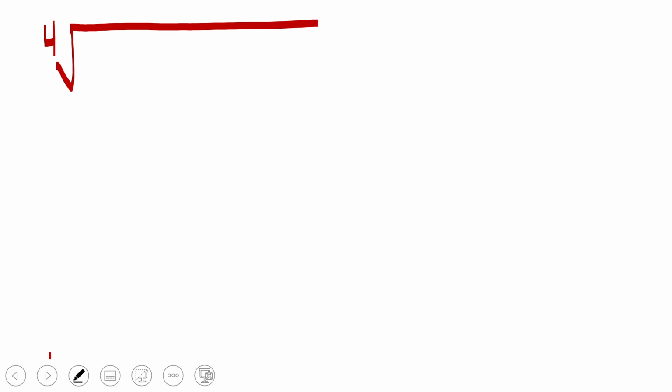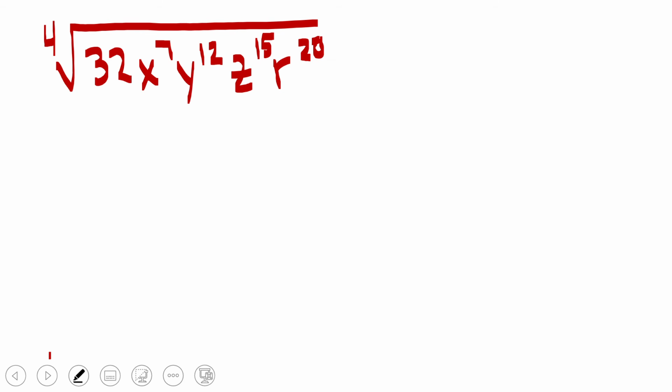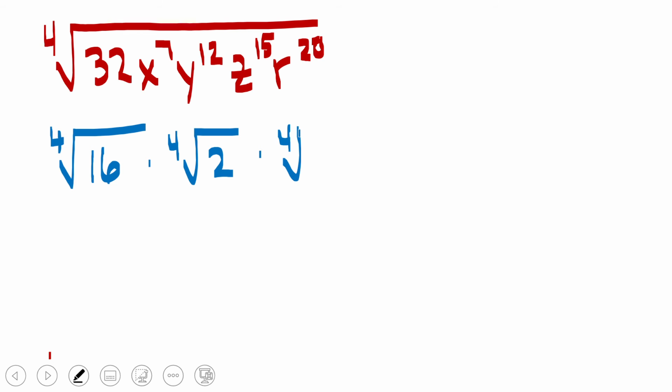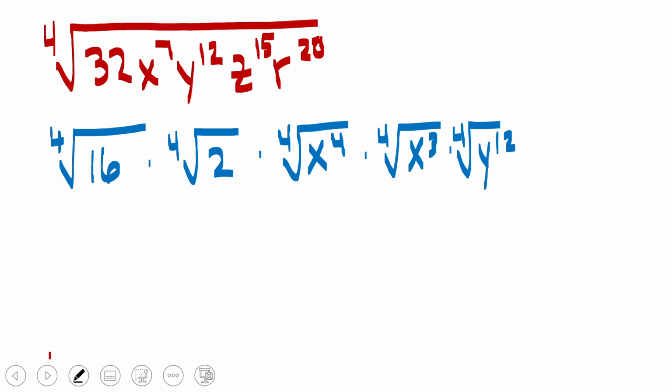In the 4th root of 32, x to the 7th, y to the 12th, z to the 15th, and r to the 20th, in much the same way, we can start to factor and say the fourth root of 16 times the fourth root of 2 times the fourth root of x to the fourth times the fourth root of x to the third times the fourth root of y to the 12th, we're going to leave that one alone, times the fourth root of z to the 12th times the fourth root of z to the third, ran out of room again, times the fourth root of r to the 20th.